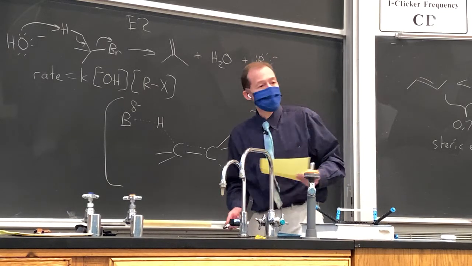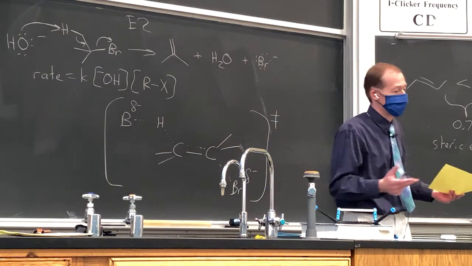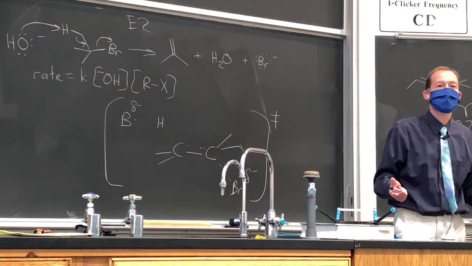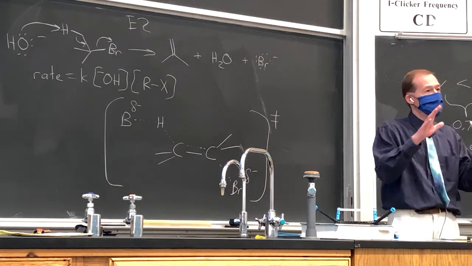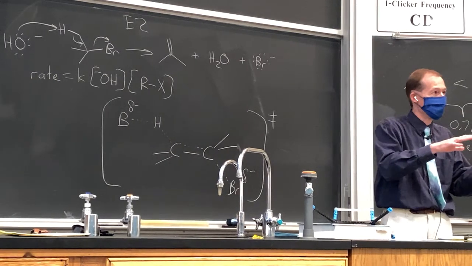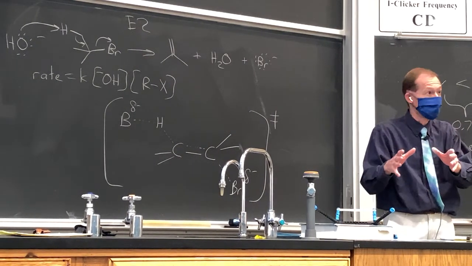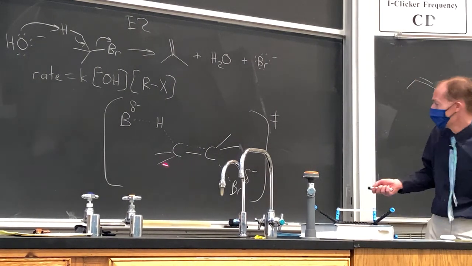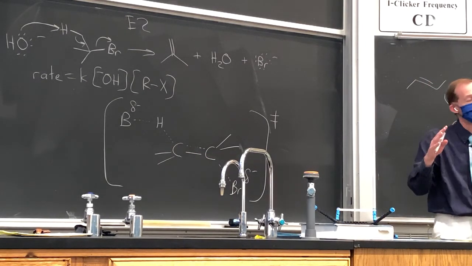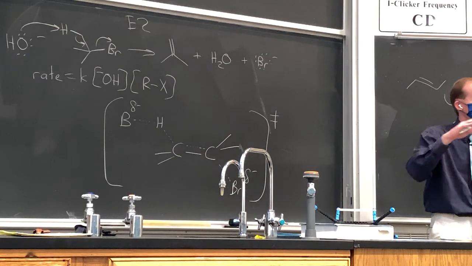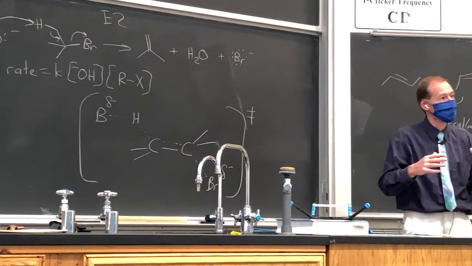Okay? So what's the geometry going to be at the transition state? We don't have a single term that describes that, but it's going to be in between tetrahedral and trigonal planar. So I've tried to draw it that way where it's kind of flattened out. It's not actually tetrahedral, but it hasn't gone completely flat to trigonal planar.